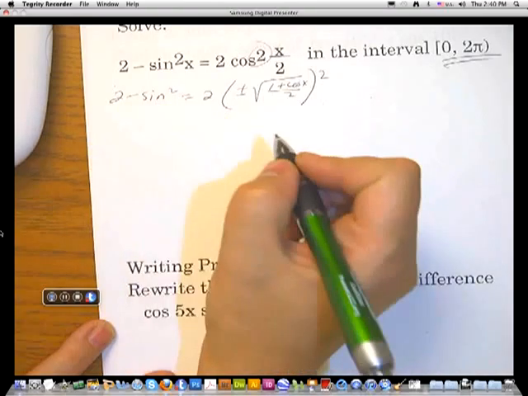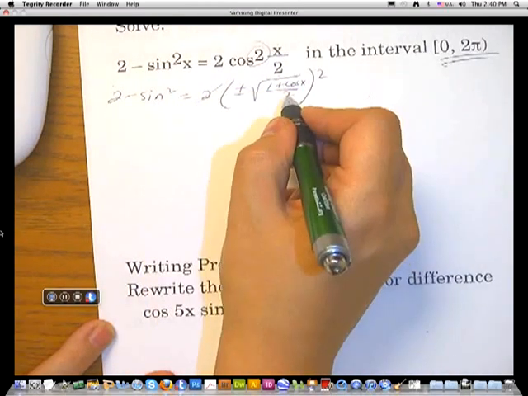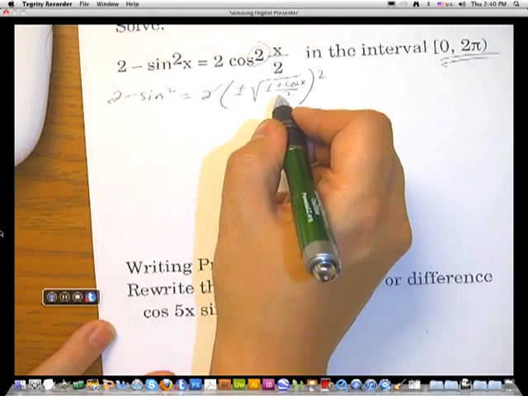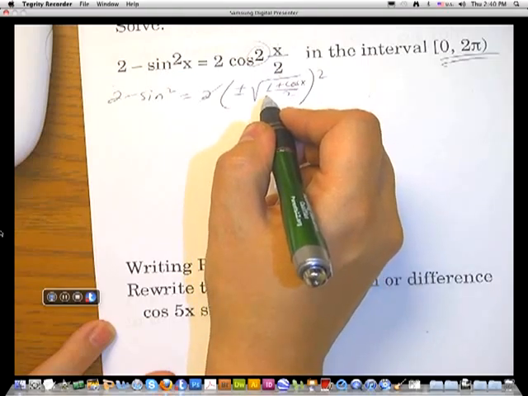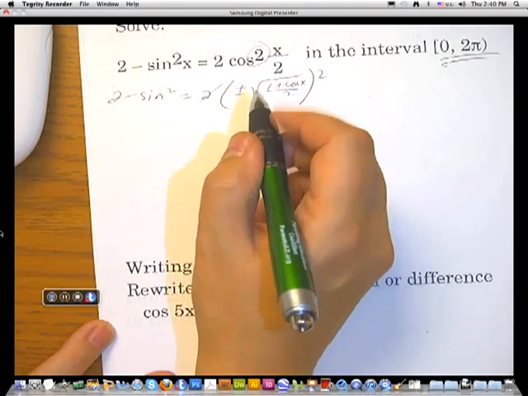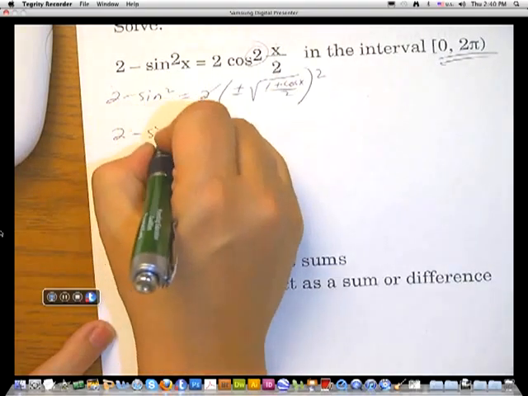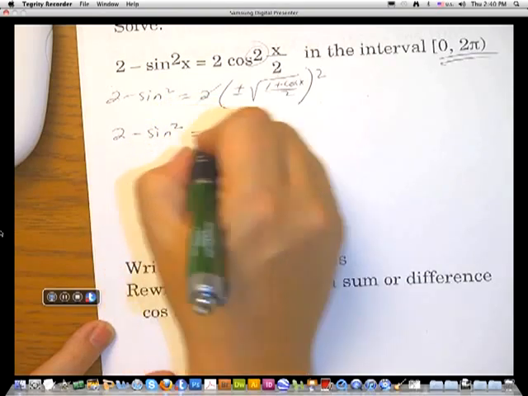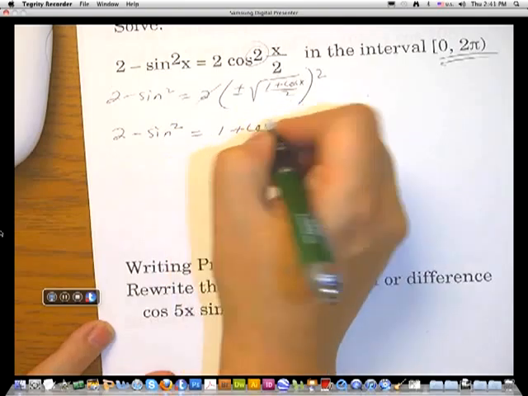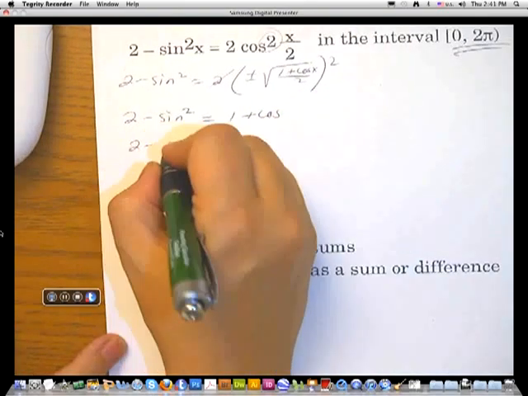So now the 2 is going to cancel. So I have 2 minus sine squared equals 1 plus cosine.